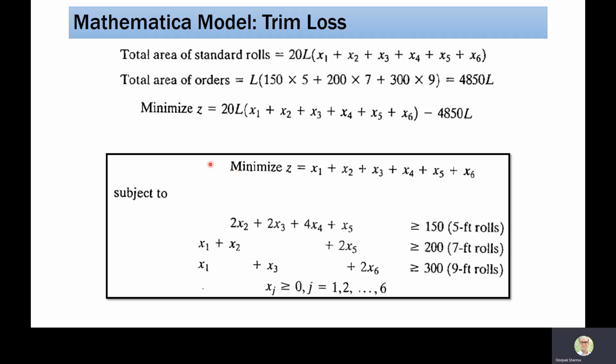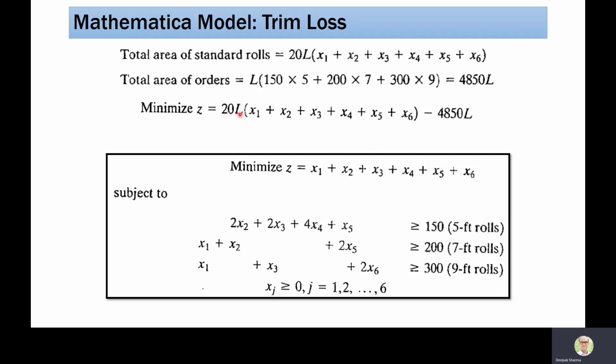The LP formulation for the given problem we can write as, we want to minimize. Here you can see that we have removed all these constants. If I minimize this thing, or minimize just x1 plus x2 and so on, it will remain the same. Why?